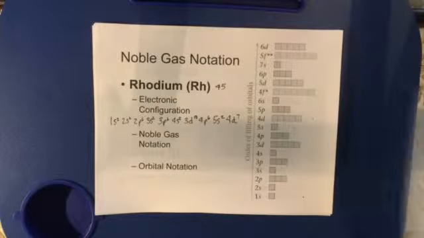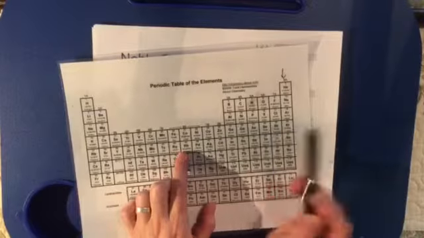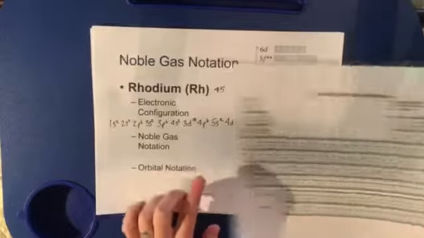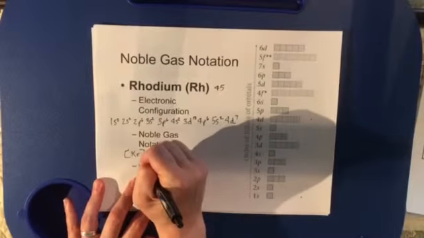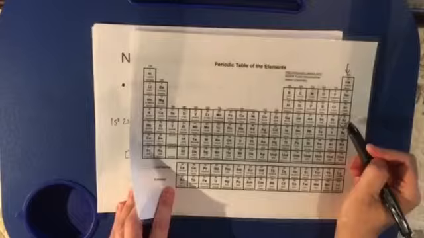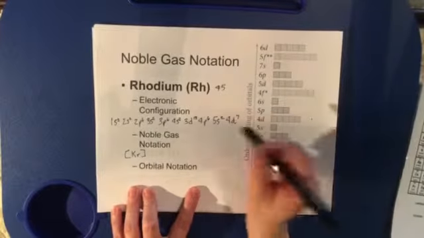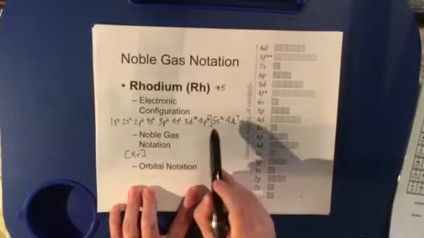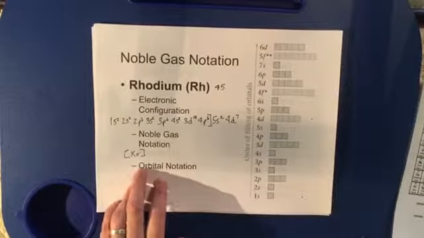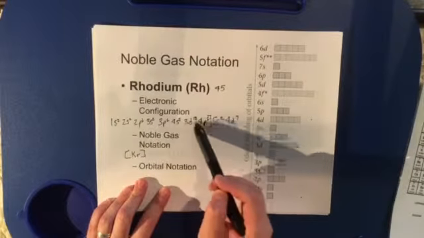What noble gas notation does is it says find rhodium, go up, down to its noble gas, so that's krypton. Put that in brackets and say it has everything krypton has, which is 36 electrons. The key here is that the noble gas always ends on a p6, so you go back to your last p6. That should add up to the 36 we need: 2, 4, 10, 12, 18, 20, 36.